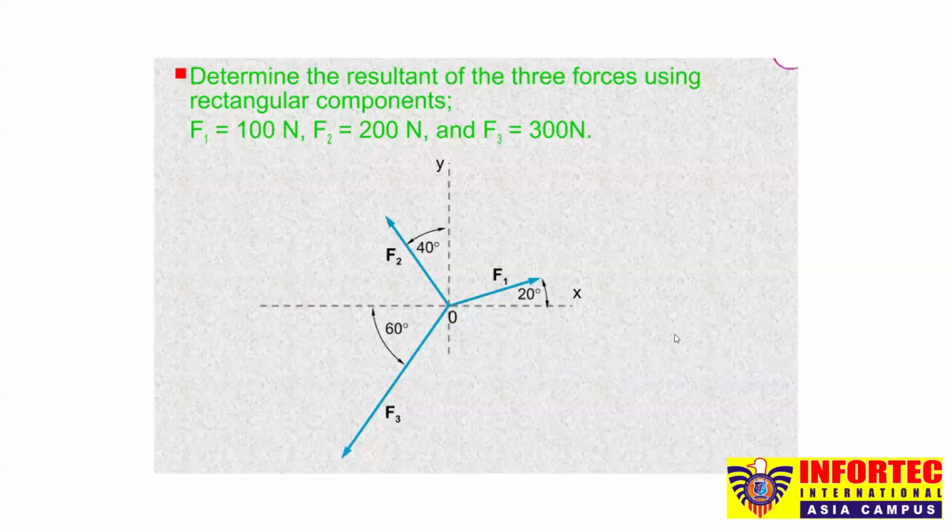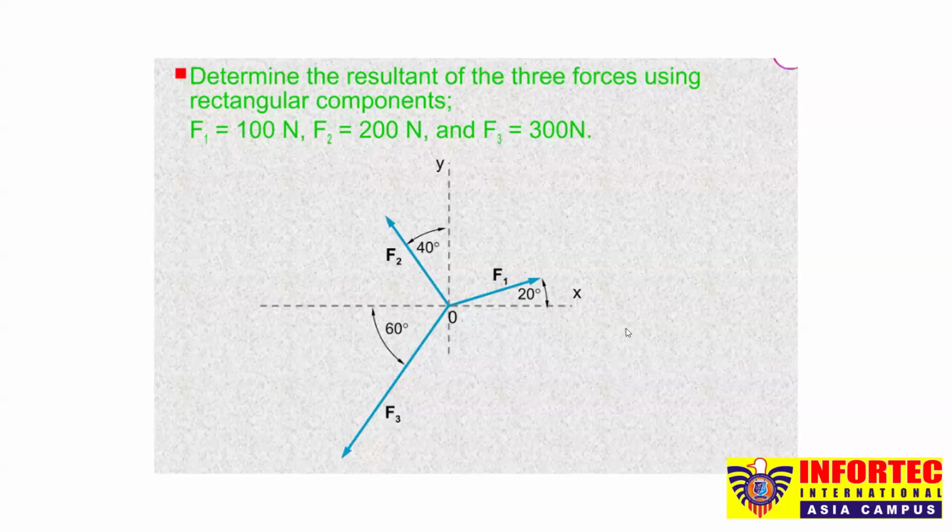Again, I share my PowerPoint. Then you can see here three vectors, F1, F2 and F3. The complicated question: determine the resultant of the three forces using rectangular components, right? Here at the point O, there are three forces acting.